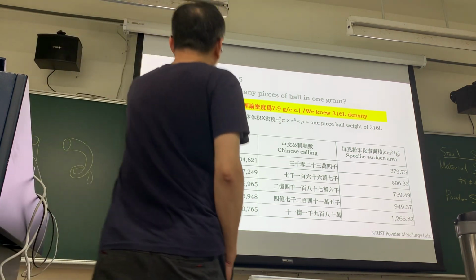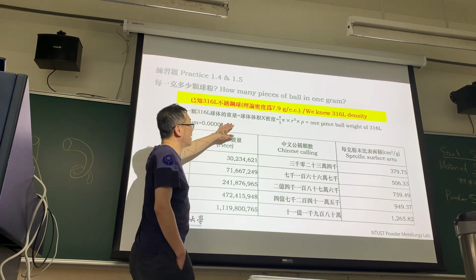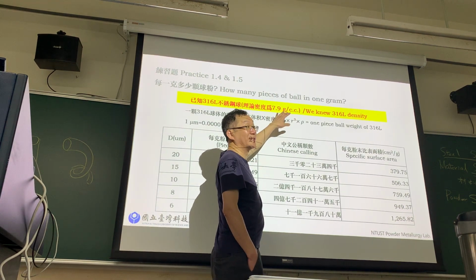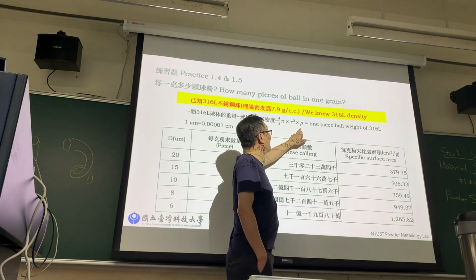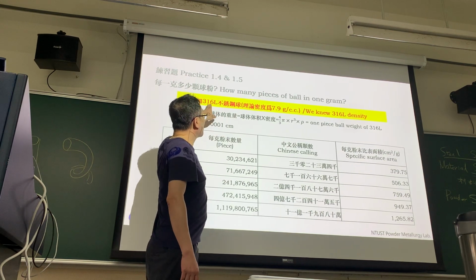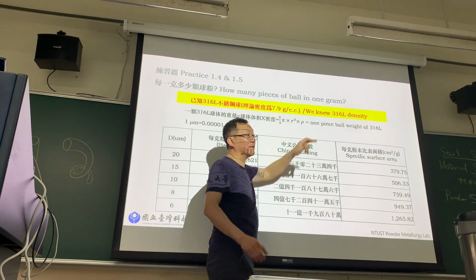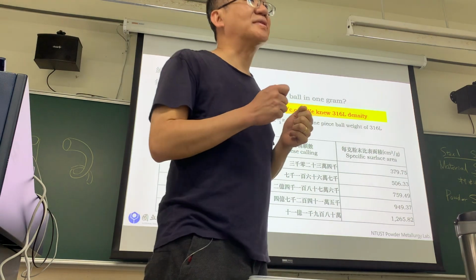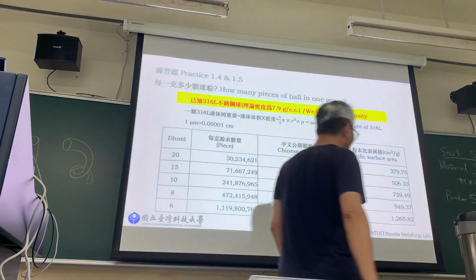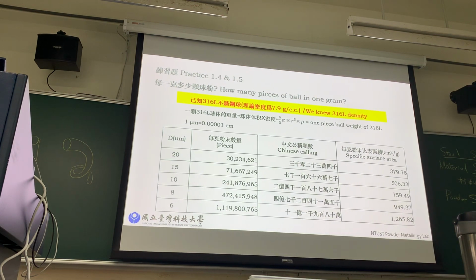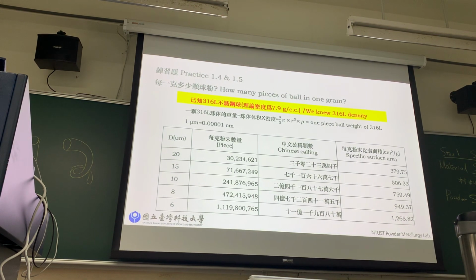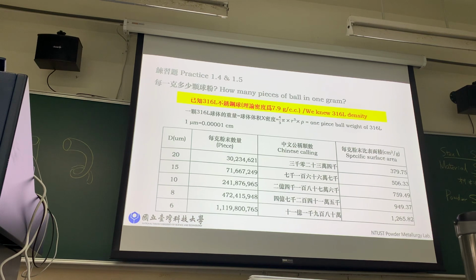The first thing you need to know is this equation, the mass equation with rho, the density. Everybody knows 316L density is 7.9, and you can check it on a website. Open a website and tell me the density of 316L.